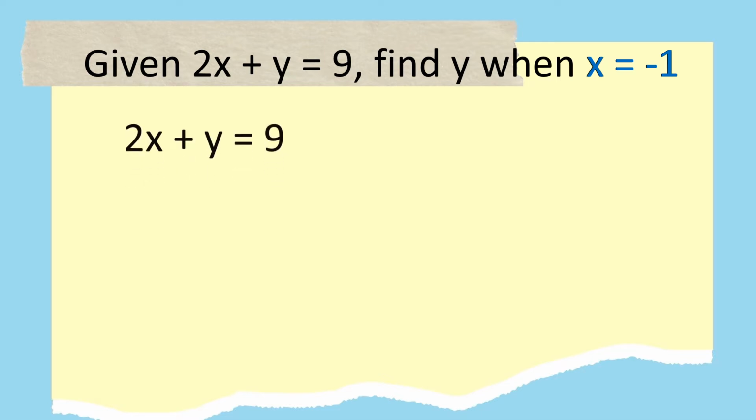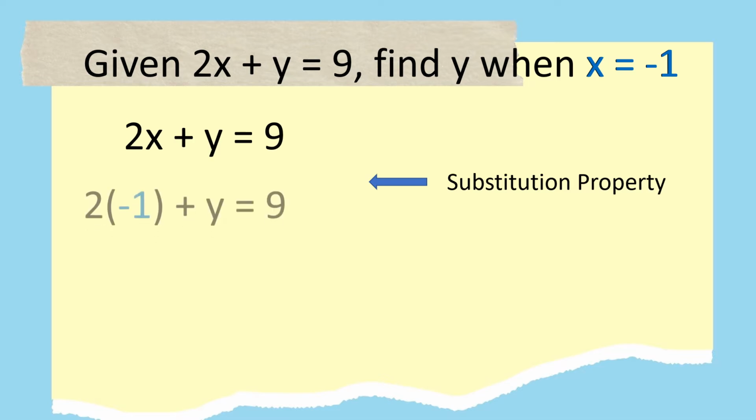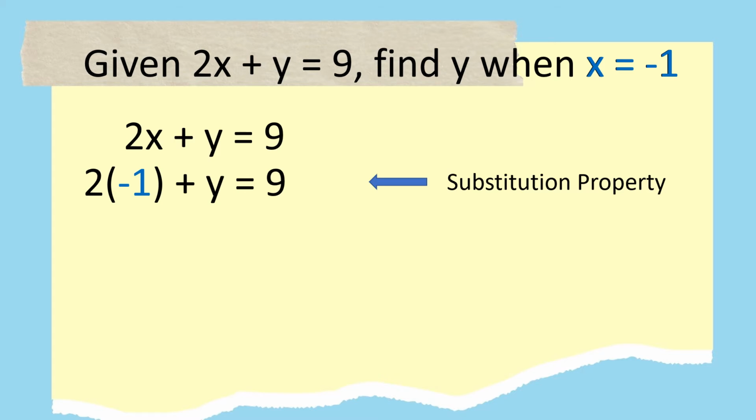So using the given equation 2x plus y equals 9, we will substitute the value of x, which is negative 1. So the equation now becomes 2 times negative 1 plus y equals 9. Simplifying this, it becomes negative 2 plus y equals 9.